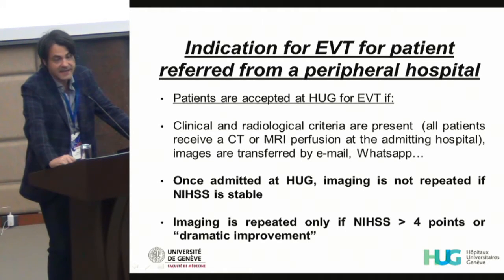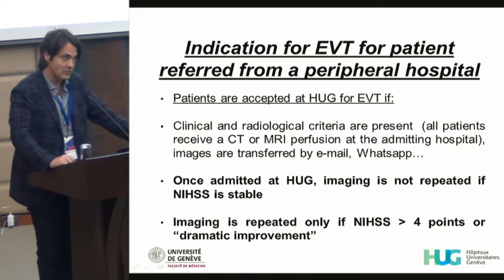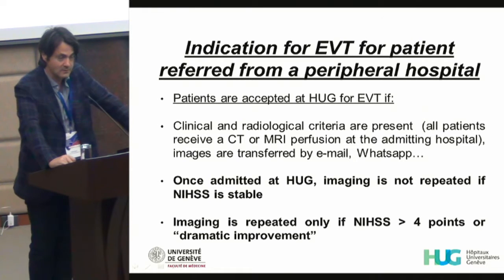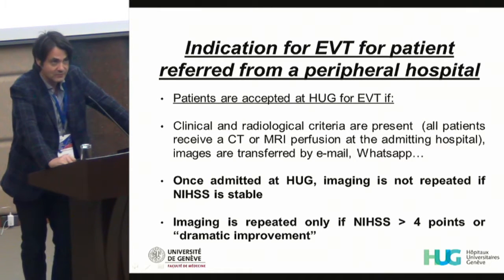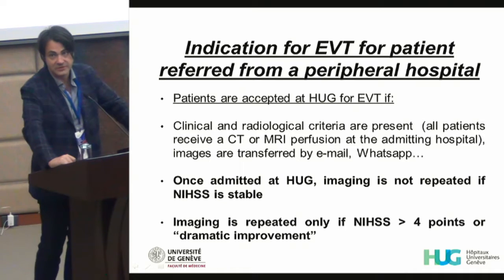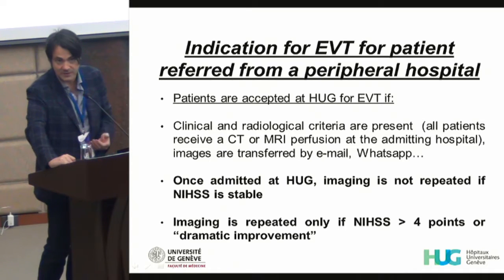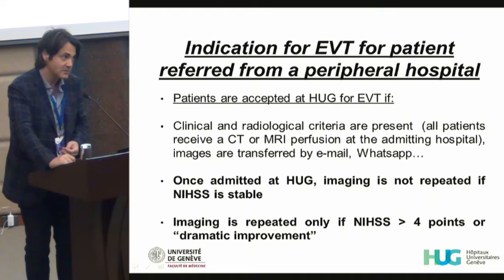At the same time, they have to send imaging, using email or WhatsApp or whatever. We don't have access to other hospitals' PACS or imaging, so we need to find any means to get those images. Along with clinical information about the patient, we make a decision and we accept this patient. The patient is transferred to our hospital.